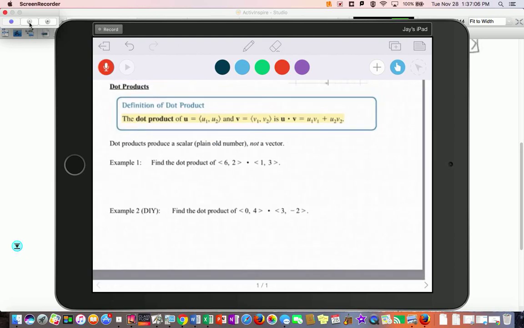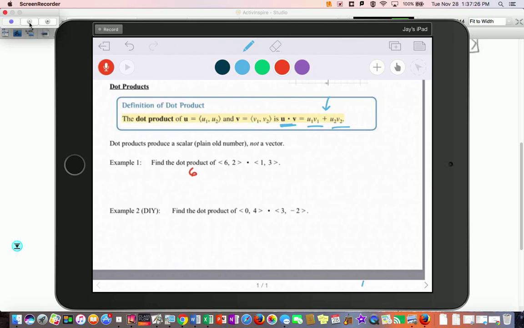Then we get into what is called a dot product. When you look at a dot product, u dotted with v right here, notice you multiply the first ones and multiply the second ones, but the key is to add those two answers together. So let's go ahead and try this one.